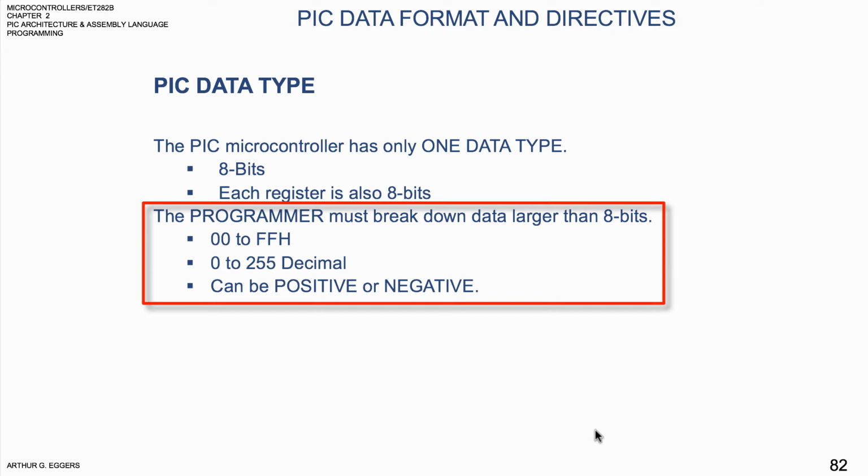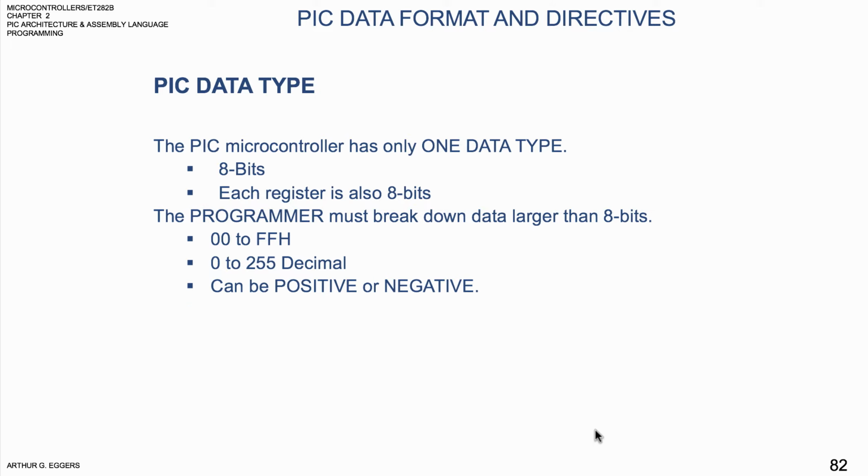For example, we're going to encounter how to process data larger than 8 bits as we move along. The data types used by the PIC can be positive or negative. So now we start getting into these signed data values that were alluded to earlier. A discussion of signed numbers is also given later on in the text. The bit addressable data will also be looked at.